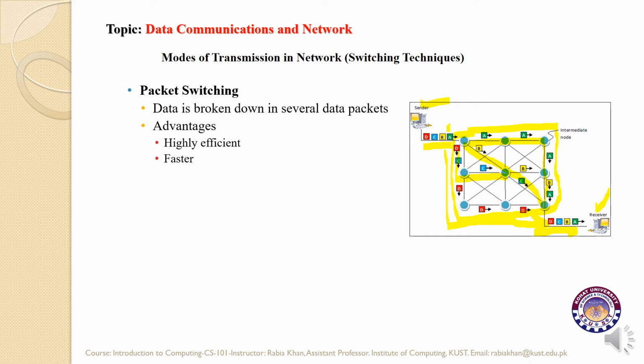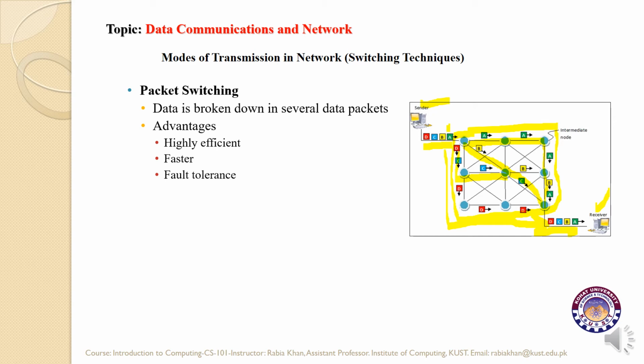So the node may have to store the message for quite a long time. But here, if a node is not ready to receive the message, the node may forward that message to any other node nearby. It may not wait for the next immediate node. So in this way, this technique is faster as compared to circuit switching and message switching.